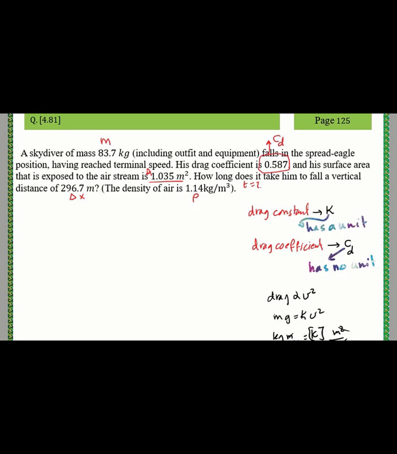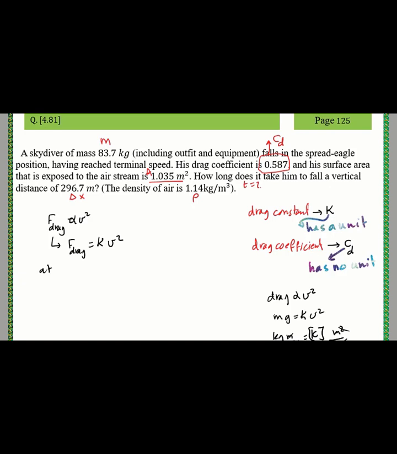Now, for a falling object with air resistance as a drag force, we know that the drag force, F drag, is proportional to v squared. And it should be equal to drag constant K v squared.